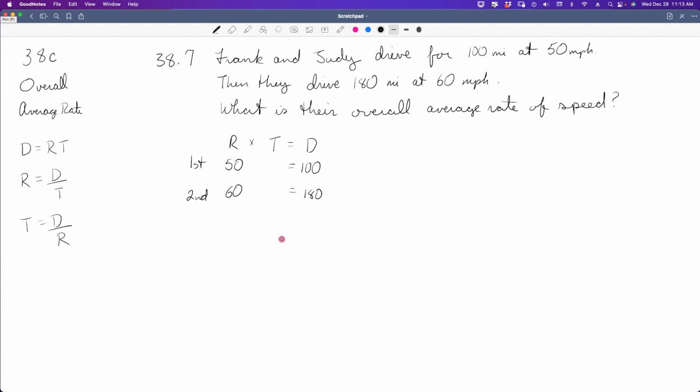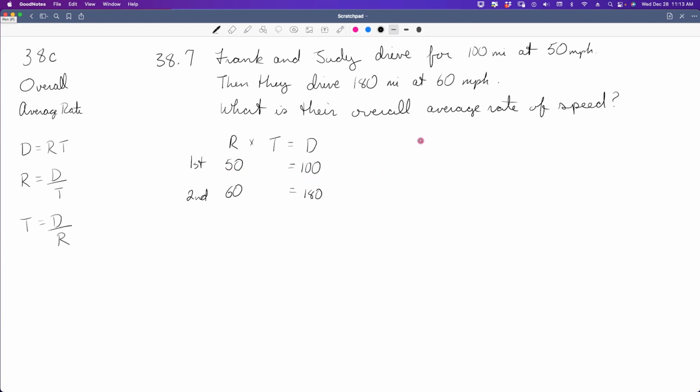So one of the things that we can do for overall average rate is we can add these two things together and find the time, and then use that to find the average rate. So let's do that. First of all, let's find the time for each leg of the trip.